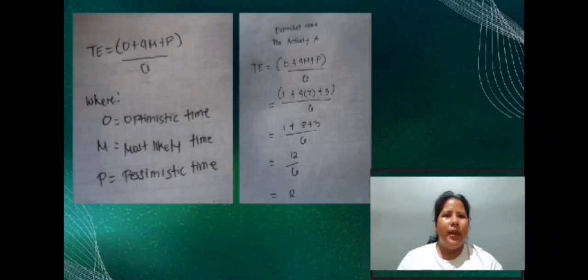So, 1 plus 8 plus 3 divided by 6 equals to 12 divided 6, and the iyang answer is 2. Just like sa previous slide, ang activity A, yung expected time is 2, and so on and so forth padulong sa activity F.